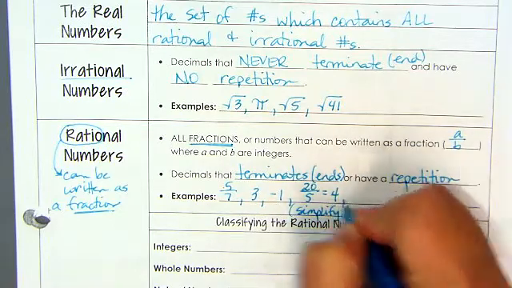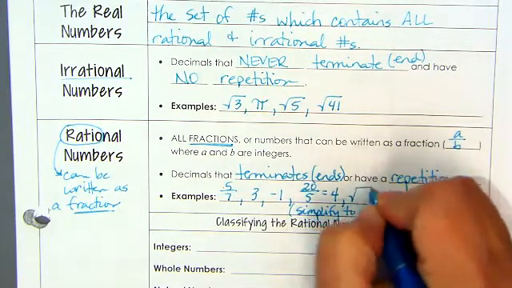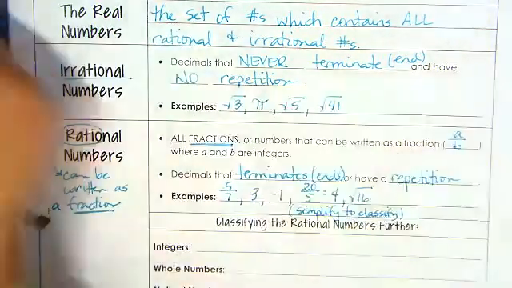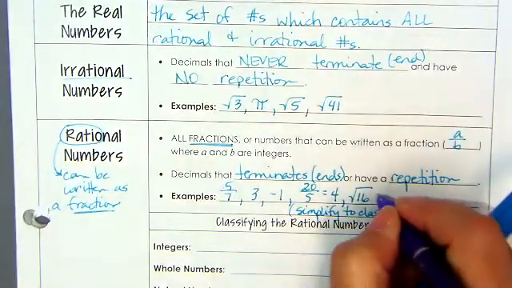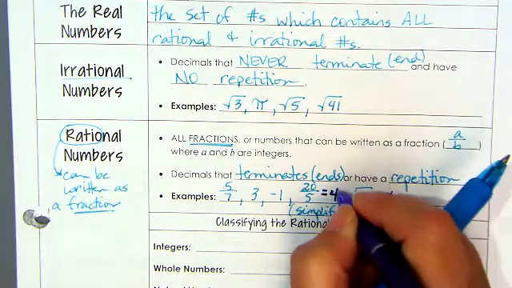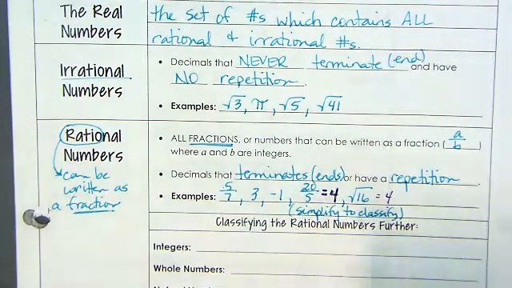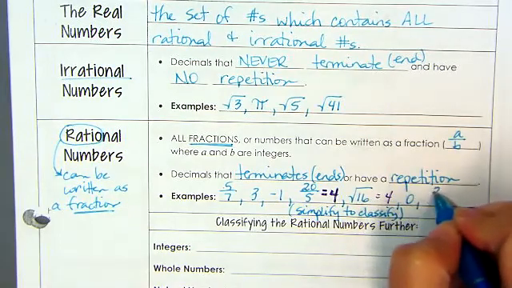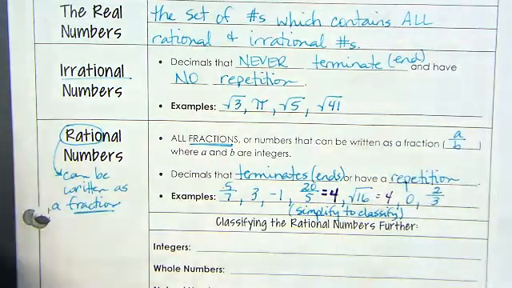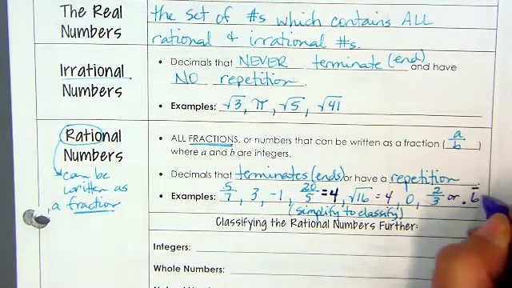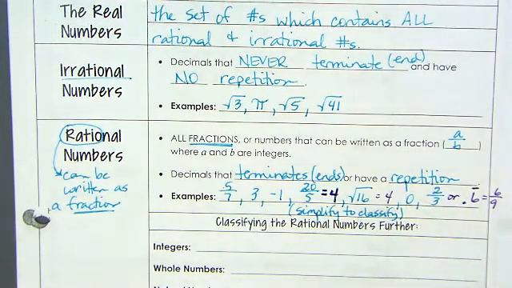Next example is the square root of 16, because that equals 4. Another example is 0. And the last example is 2/3, because remember, 2/3 is the same as 0.6 repeating, which is also 6/9.